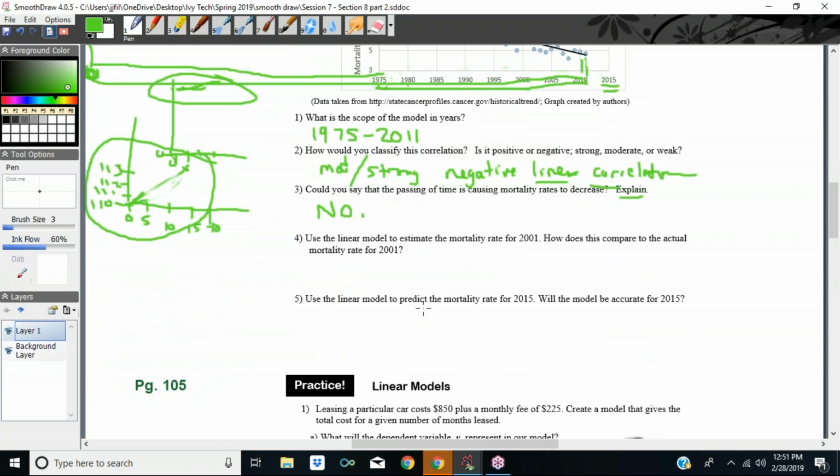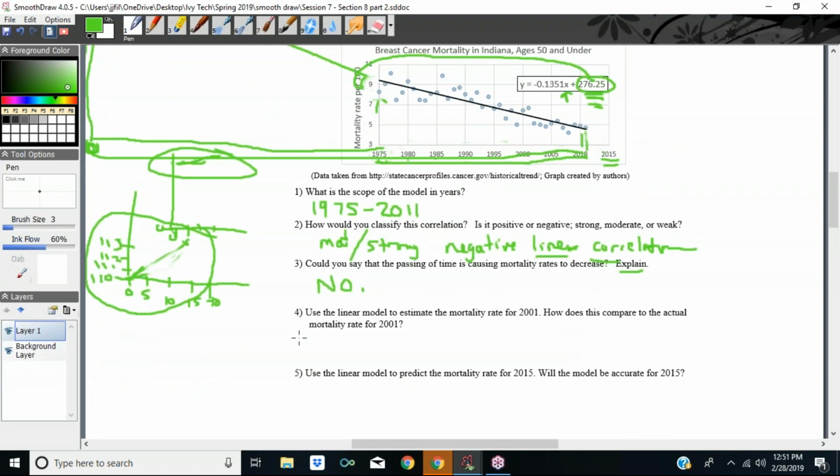So next is to estimate the mortality rate for 2001. Here we're just going to put the straight year 2001 in. If we put in 26, which would be 26 years after 1975, we'd see that the percent would be 250-ish, or it'd be 270-ish, and that's not really going to match up with the value here at 2001.